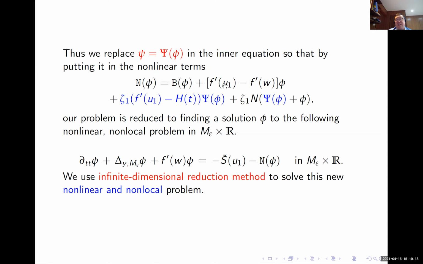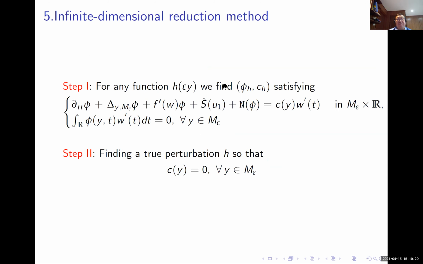In the first step, we fix h, the normal perturbation, and we want to find phi and c. C will be a function of y now, so that we can solve the inner problem up to c times the double prime.